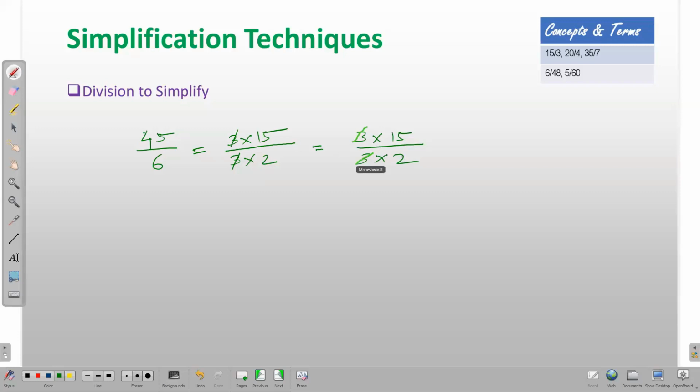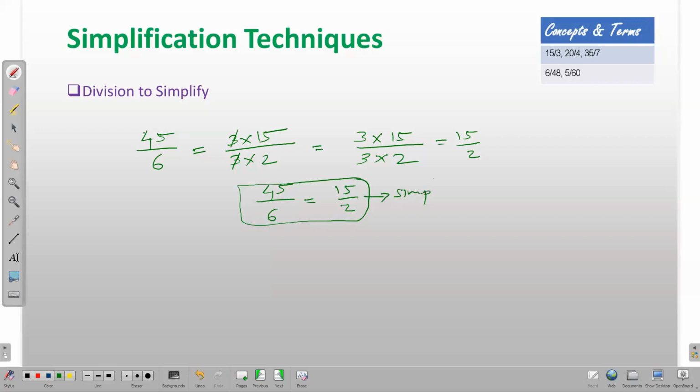Then what you will get? 15 by 2. So that means 45 by 6 equals 15 by 2. So this is a simplification.